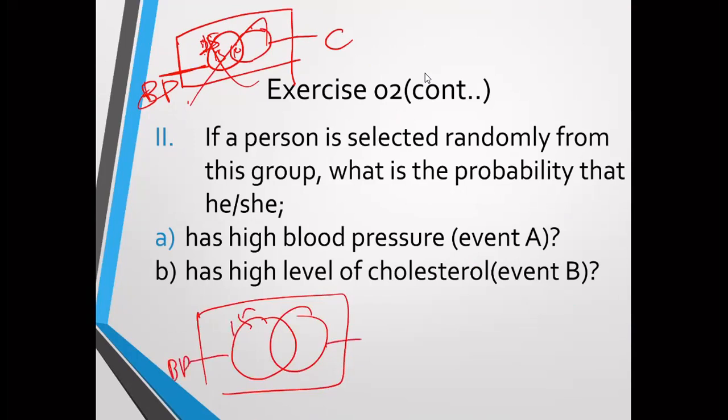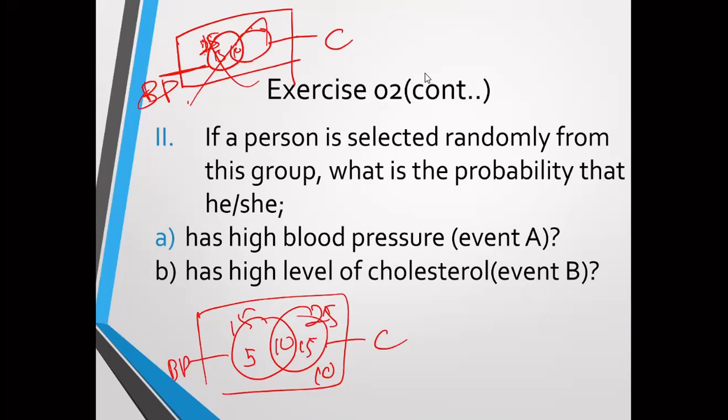Blood pressure, cholesterol: here we had 25 minus 10, which is 15. 15 minus 10 is 5. There are 10 healthy people. Now we have finished drawing the Venn diagram.